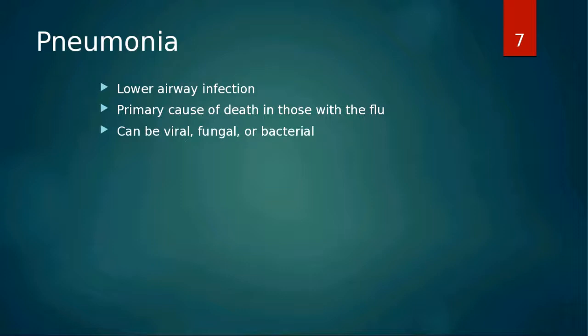Get them oxygen, either nasal cannula or a face mask. Try to keep their SpO2 at 94% unless the patient's got COPD, in which case you want to keep it lower, maybe around 90%. If your patient has associated wheezing, it's okay to give them albuterol.